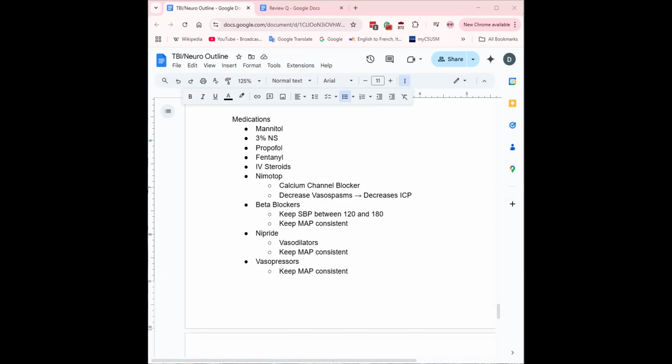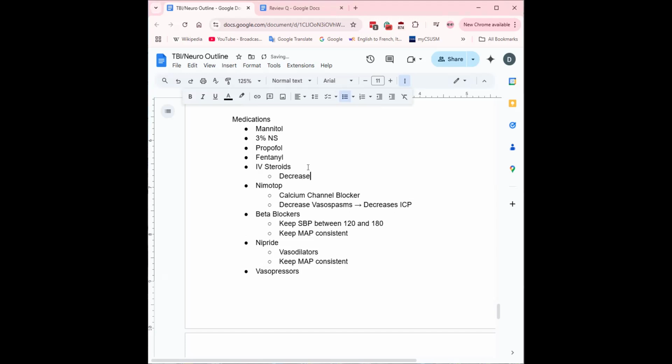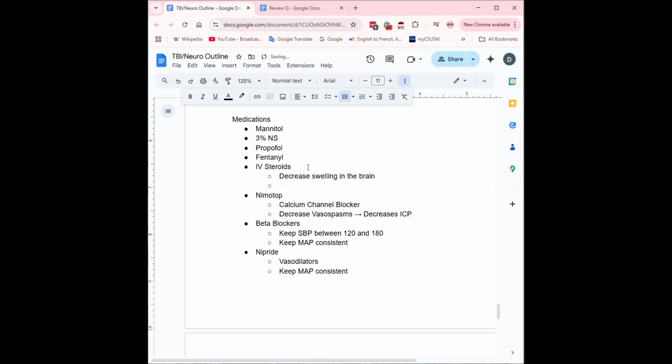So to decrease swelling in the brain, you use IV steroids. The only thing to keep in mind is to monitor hyperglycemia. That's always something you think about with IV steroids, especially because hyperglycemia can affect your fluid shifts. So it's careful management.